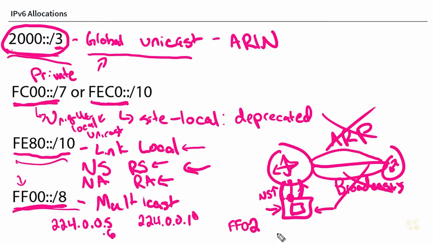FF02 is what's going to be the multicast address in IPv6, and then for OSPF neighbor adjacencies, we'll see it use ::5. For designated router or backup designated router communication, ::6. When it comes to EIGRP, it's FF02::A, because A represents a 10 in hexadecimal.